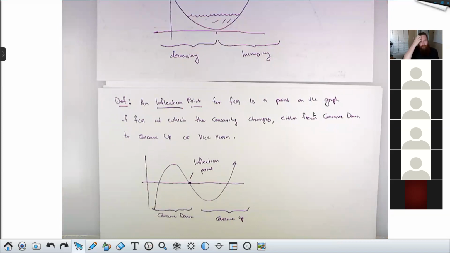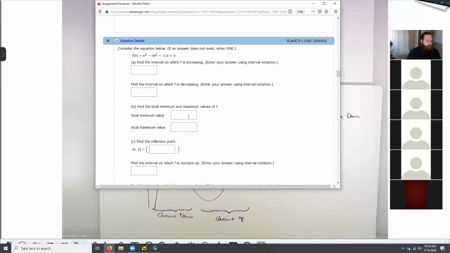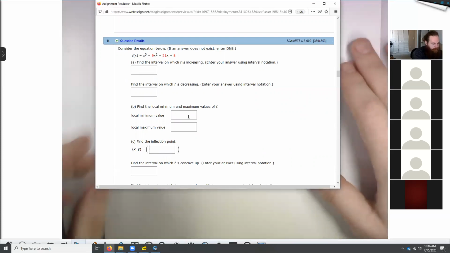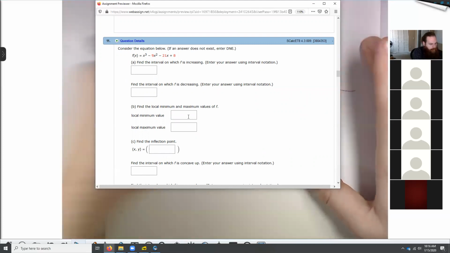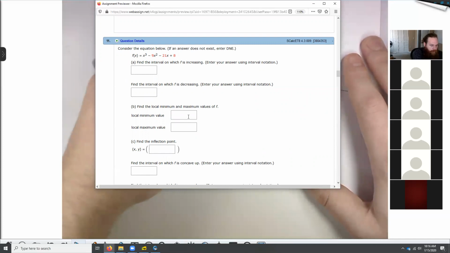Okay, so let's look at this example problem from the homework. This is number 11 from homework 9. It says let f of x be x cubed minus 9x squared minus 21x plus 8.